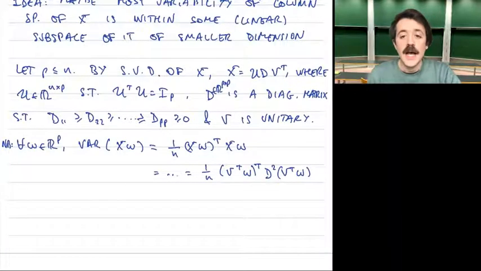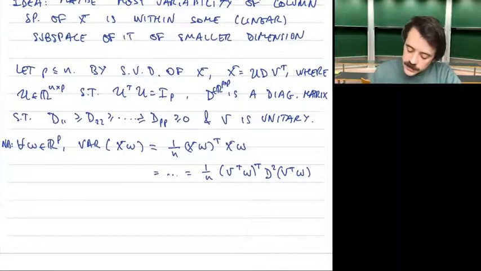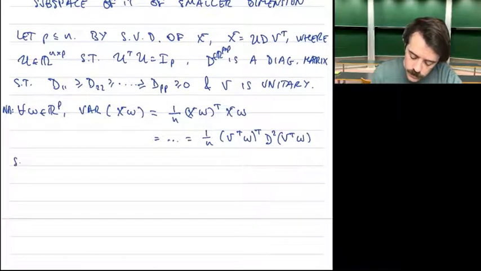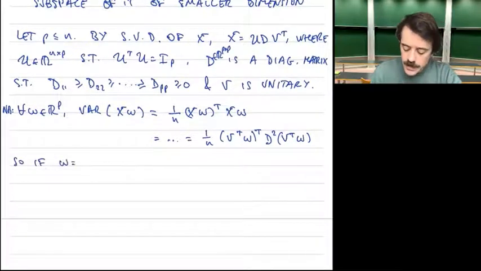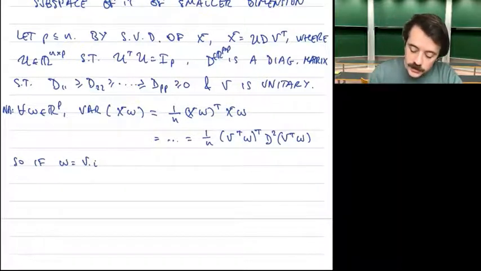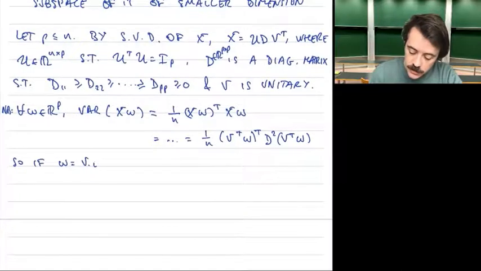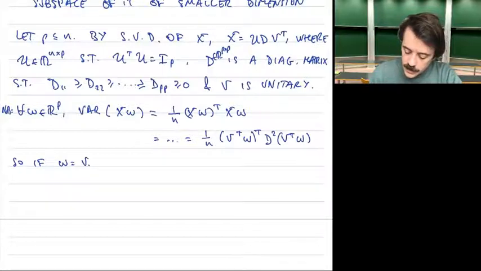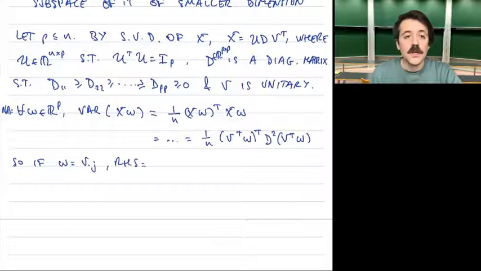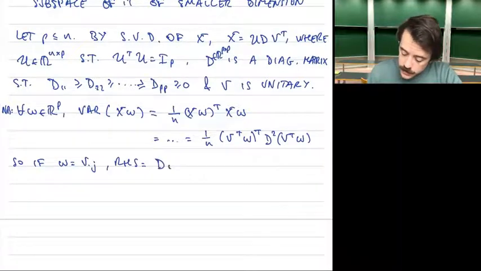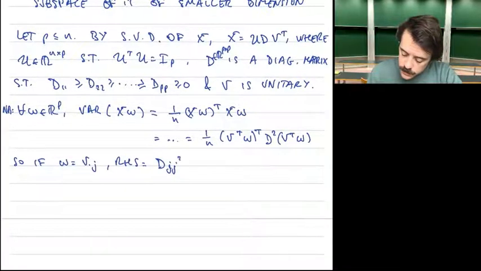And what this means is that if w equals the jth column, then the right hand side is going to be equal to this.